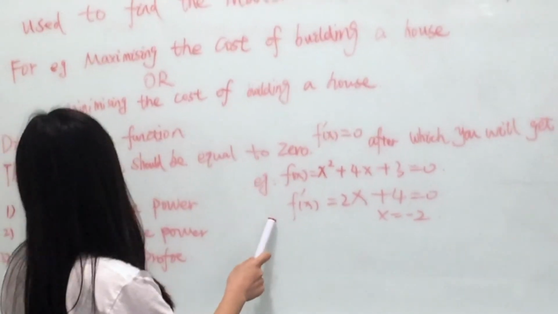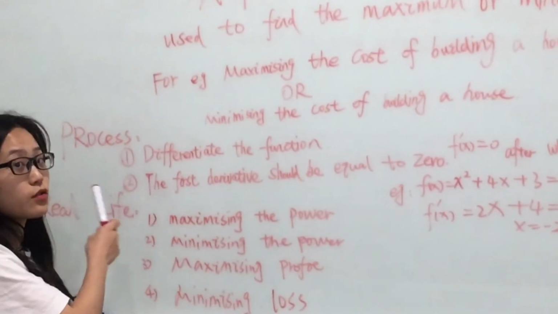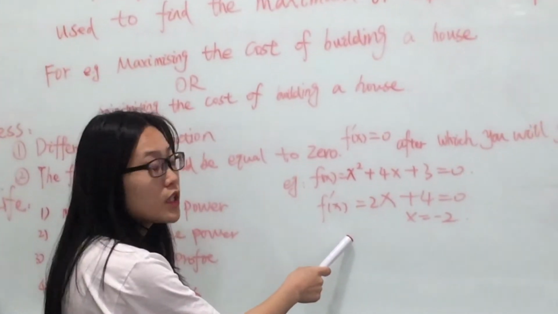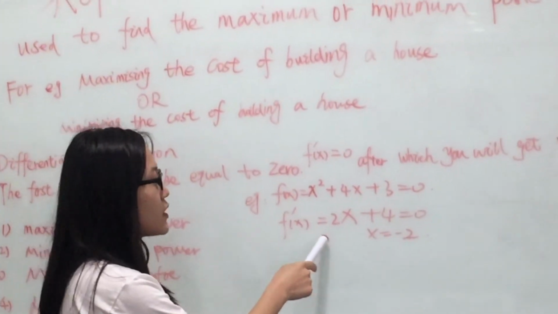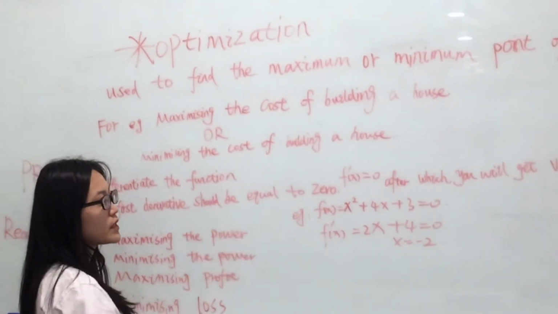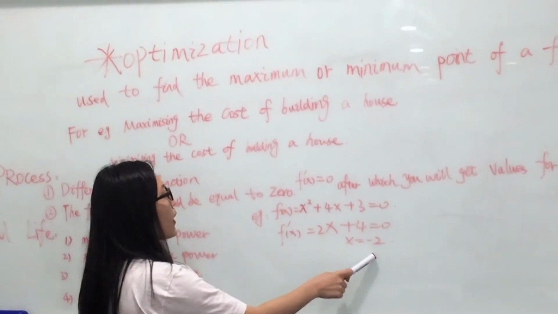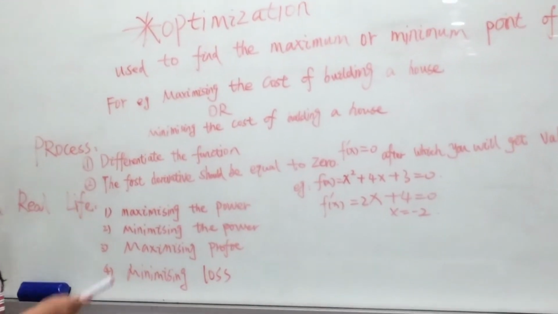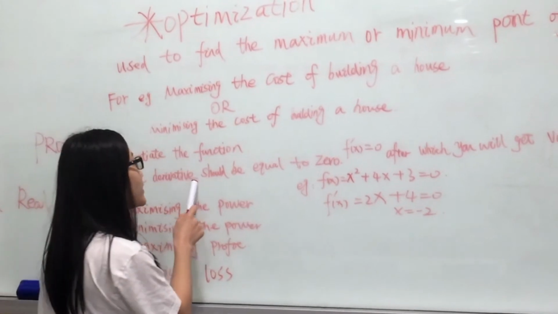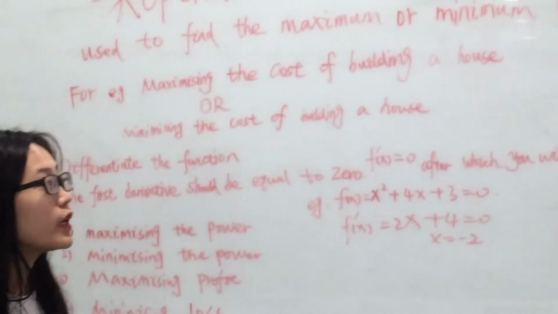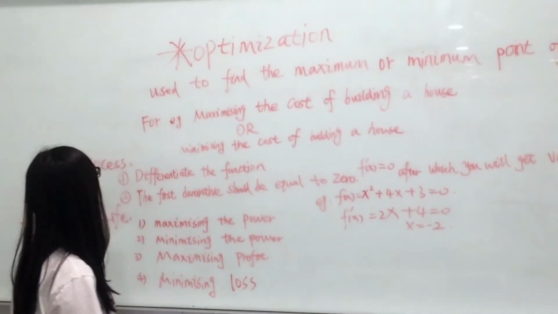You just have two steps to differentiate. The first one is to differentiate this function, that is f'(x) = 2x + 4, and make it equal to 0, and x equals minus 2. The other step is that the first derivative should be equal to 0, after which you will get the value for the variable.